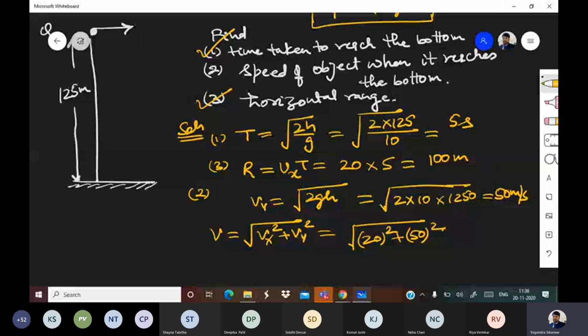How many of you wrote this? None of you. Speed along the y-axis is not the whole speed of the object. What you thought is that the speed along the y-axis is the speed of the object. No, that is not.